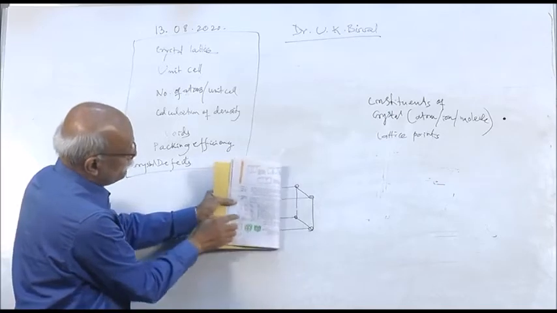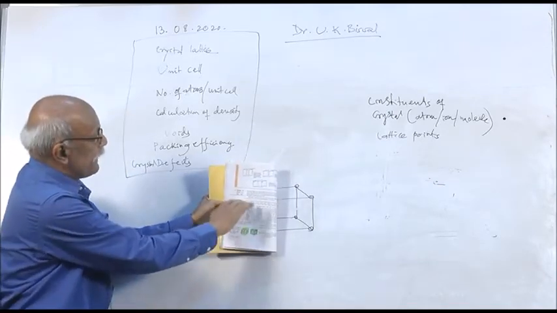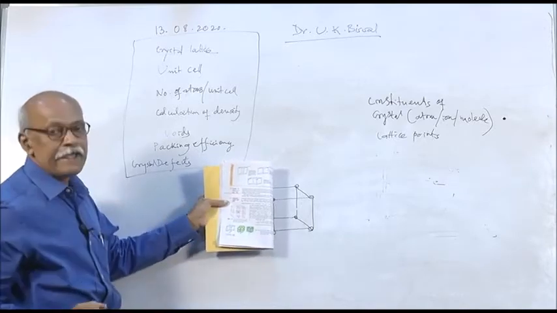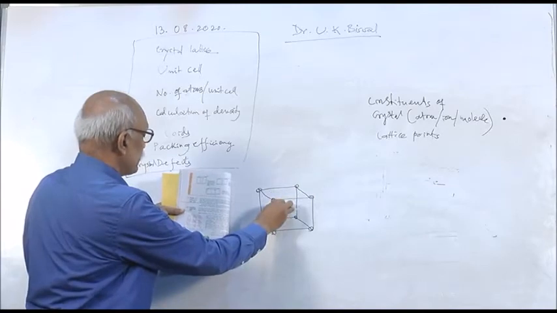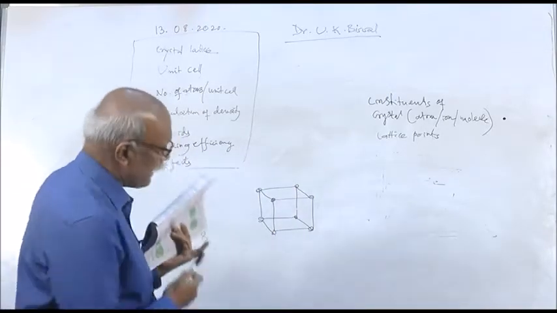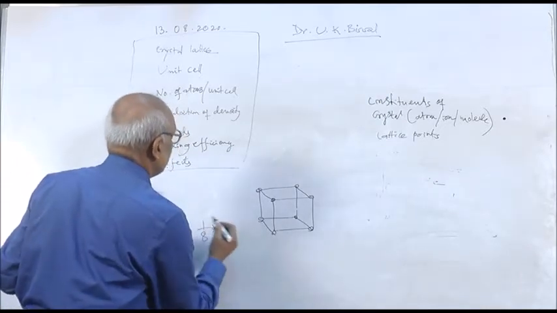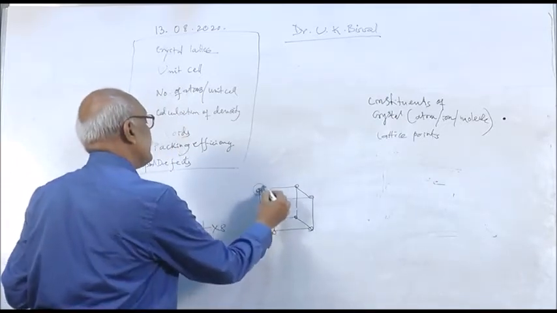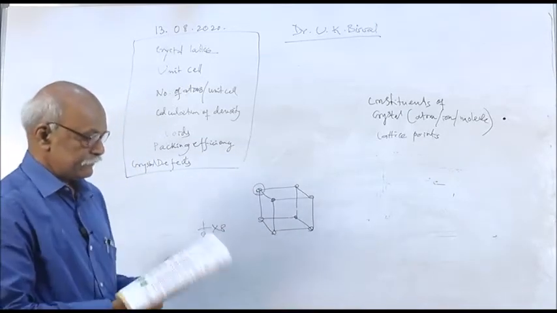So you consider this point. This point is shared by what? Shared by 8 cubes. So the contribution to one cube or one unit cell is 1 by 8 into 8. So remember, each corner is shared by 8 cubes.